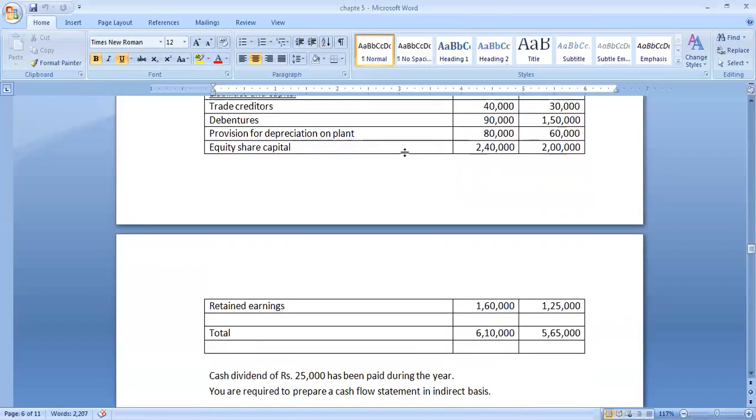Okay. Then provision for depreciation on plant. This is very much important, a very important concept.